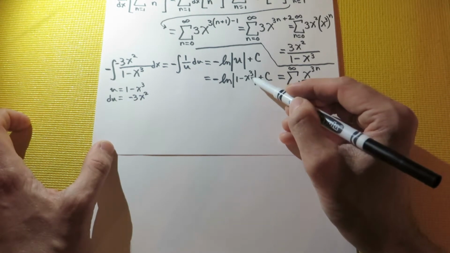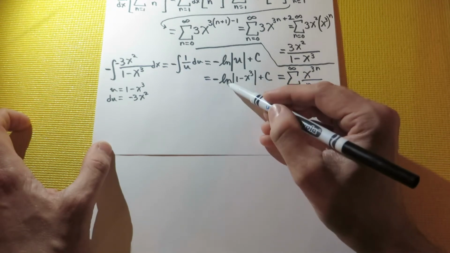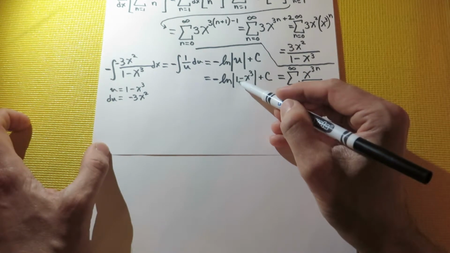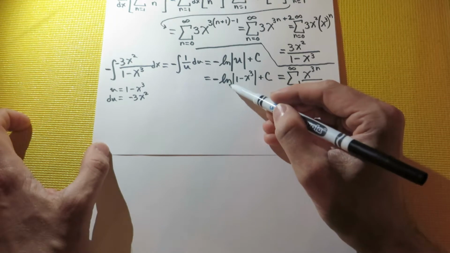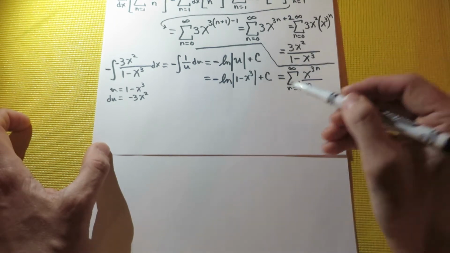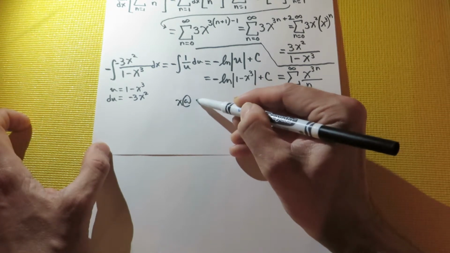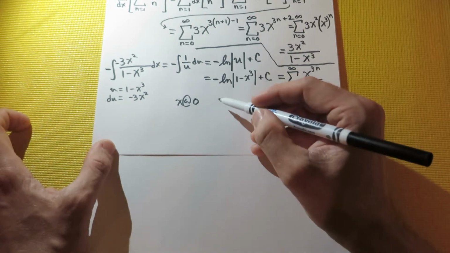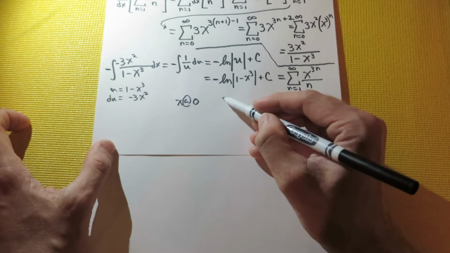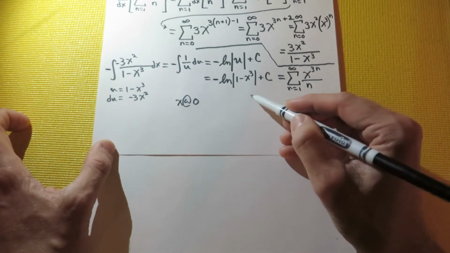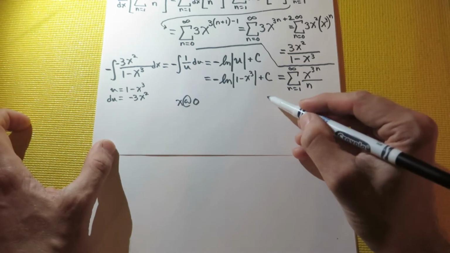When x is equal to 0, well, this is just a 0, and then your natural log of 1 is just 0, and of course negative 0 is just 0. So when x is at 0, I like using the at symbol, we just have, this is all just 0.